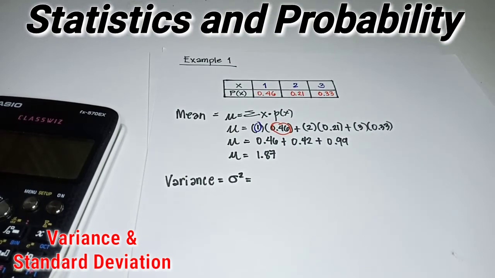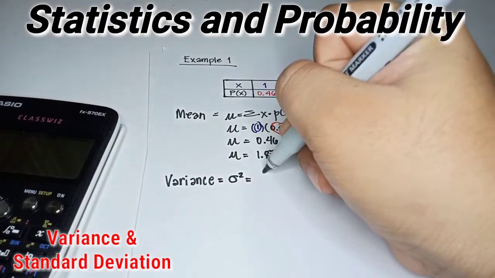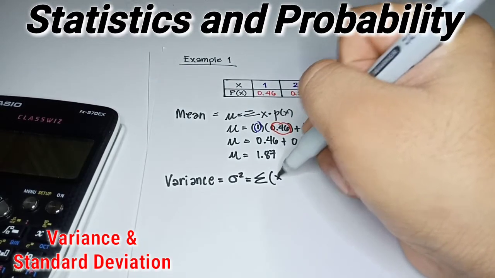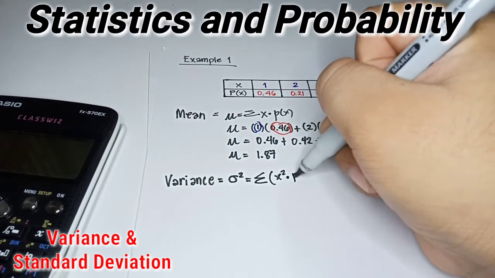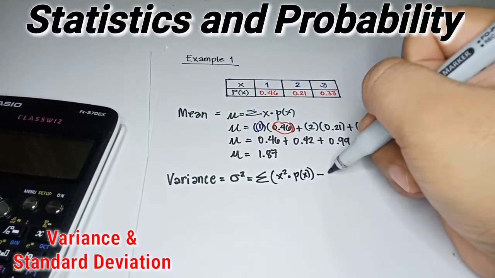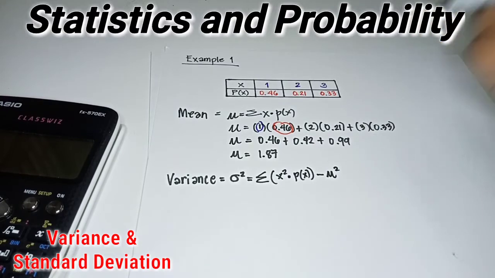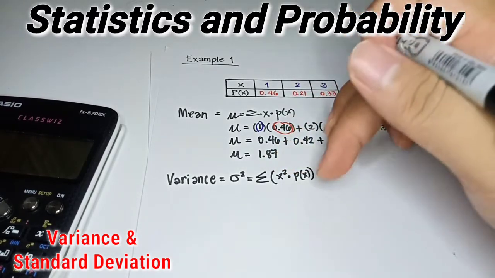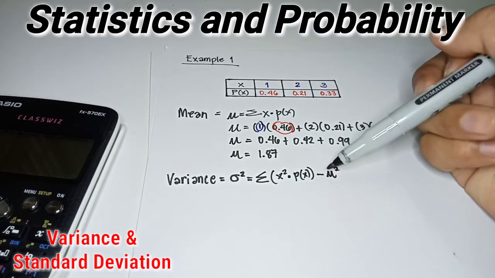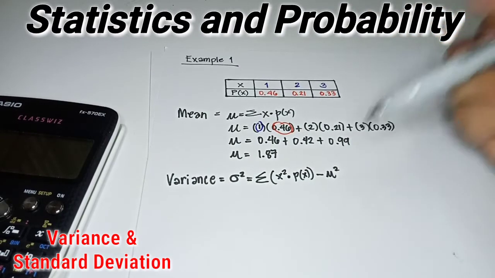Again, the symbol for variance is lowercase sigma with the square, with the formula of summation of the product of x squared times p of x minus the square of the mean. So again, summation of the product of x squared times p of x minus the square of the mean.